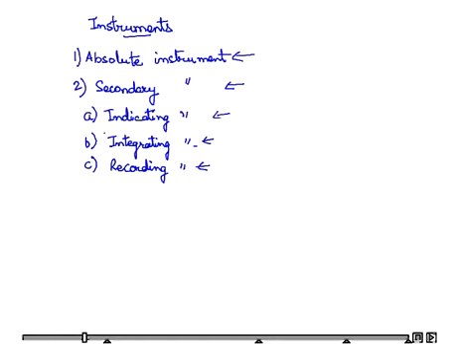Examples of indicating instruments are the simple ammeter, voltmeter, etc. An example of an integrating instrument is the energy meter in our house.